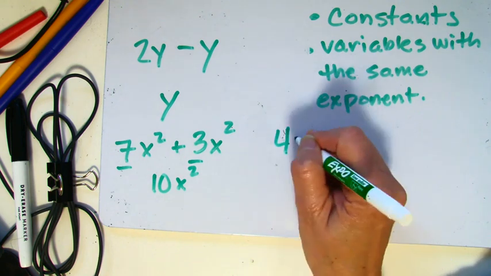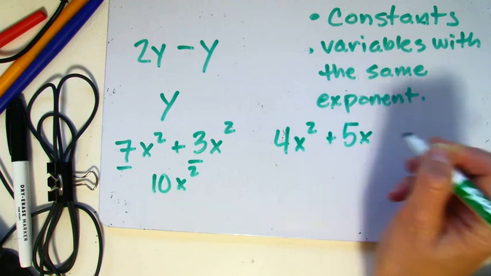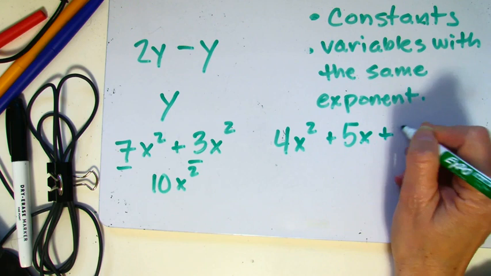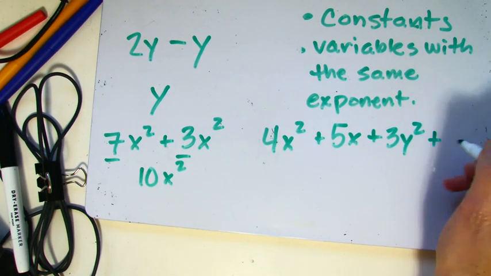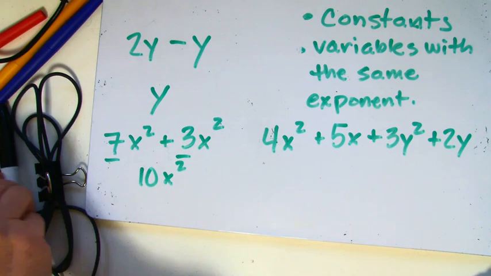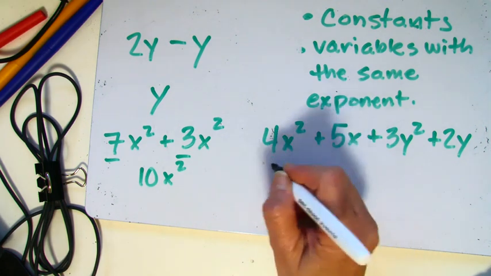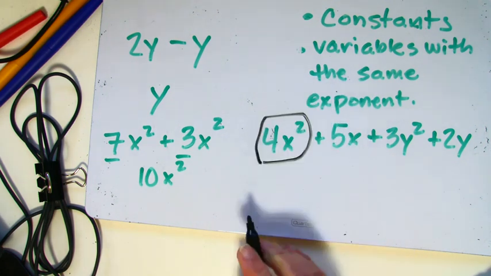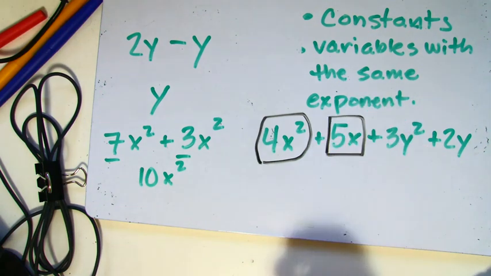What if we have 4x squared plus 5x plus 3y squared plus 2y? Notice that we have different variables and different exponents with those variables. We have an x squared. We have just an x to the first power.